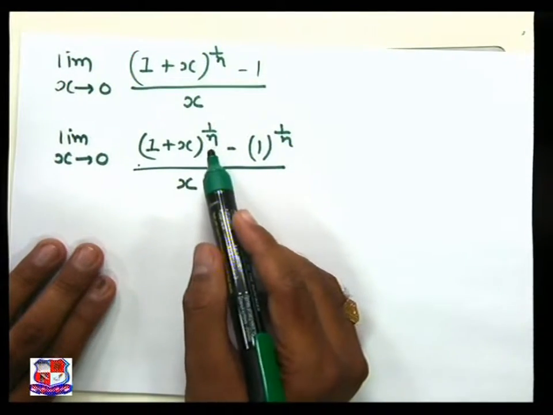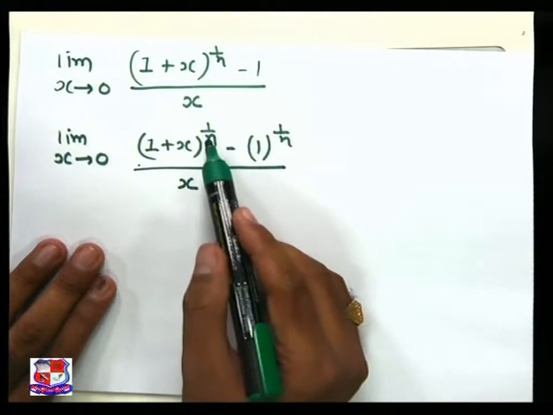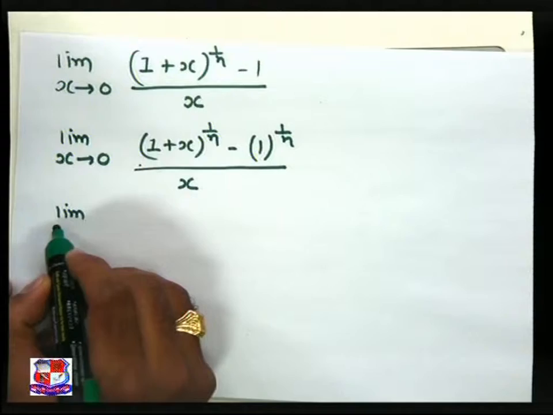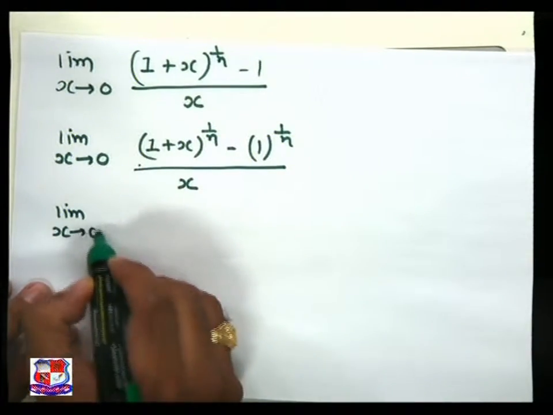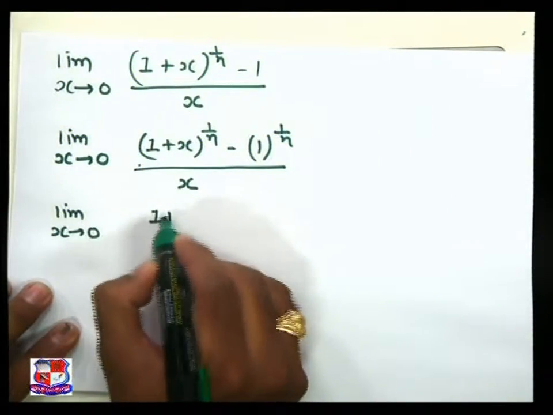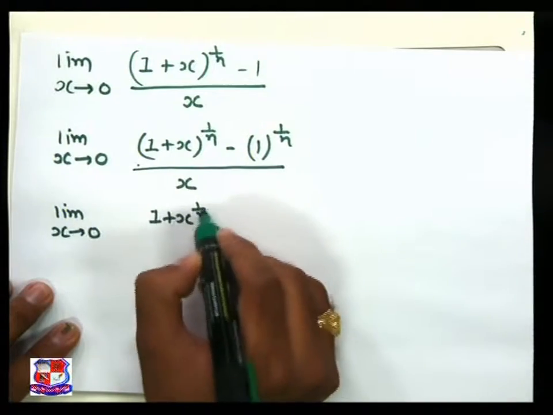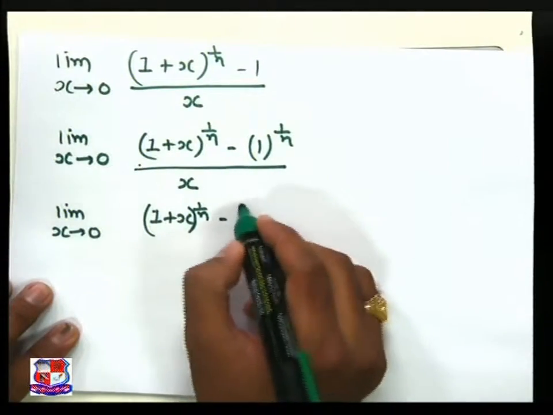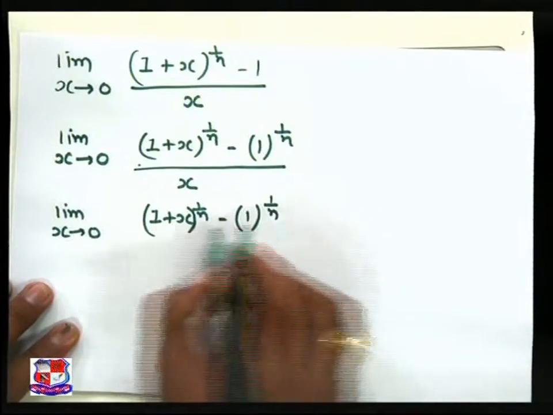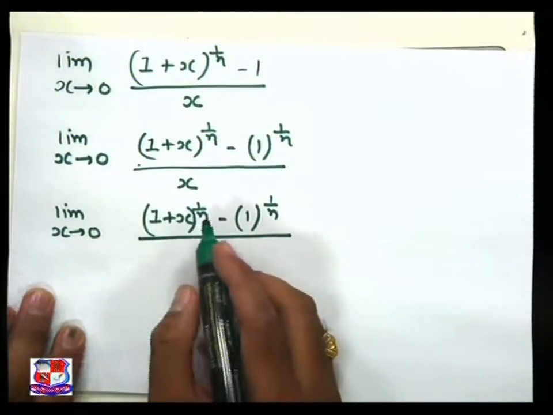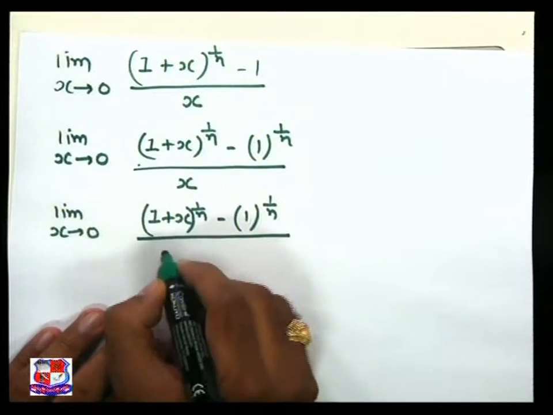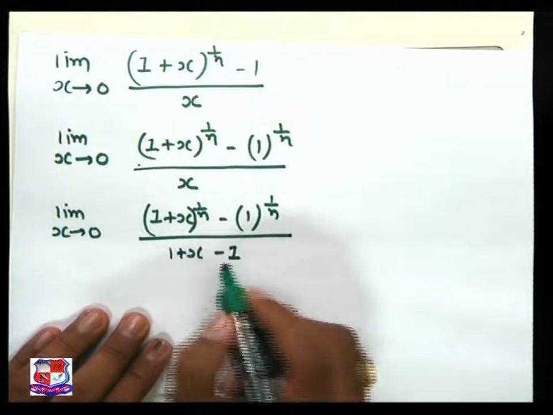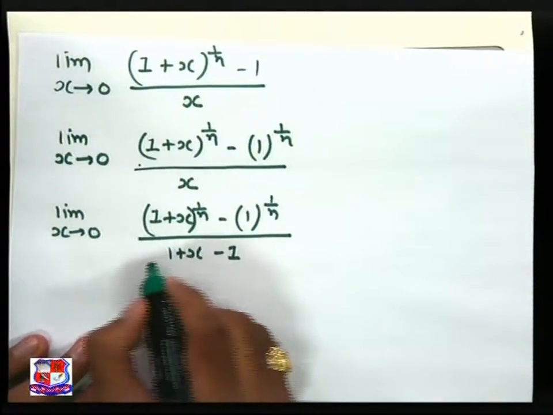Now the next step is divide and multiply without the power term. So here limit x tends to 0, here (1 plus x) raised to 1 upon n minus 1 raised to 1 upon n, and the without-power term is 1 plus x minus 1.